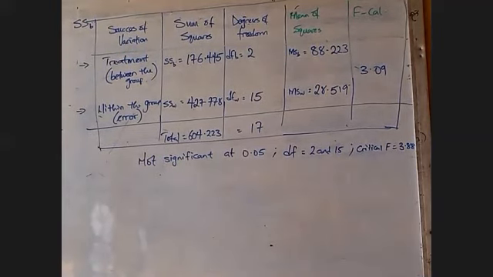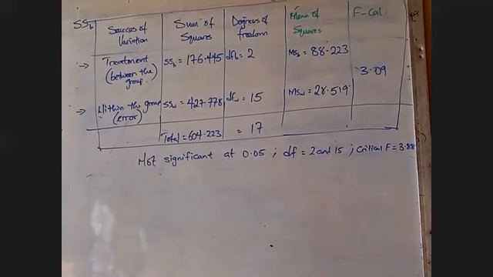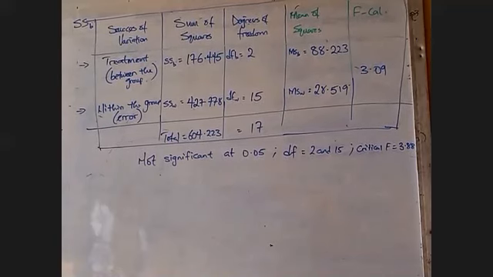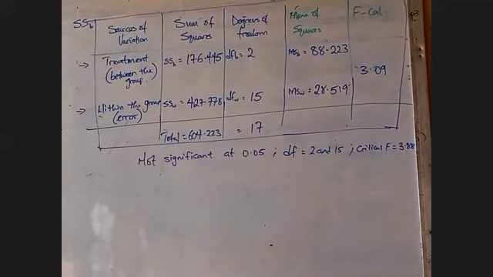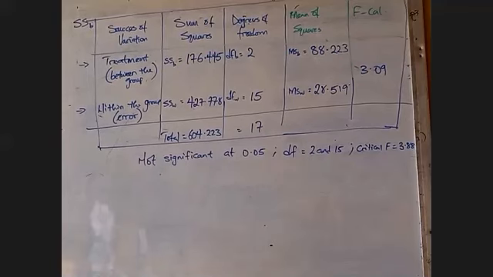The table above shows that a calculated F value of 3.09 resulted as the difference in performance of students due to variation in teaching methods.